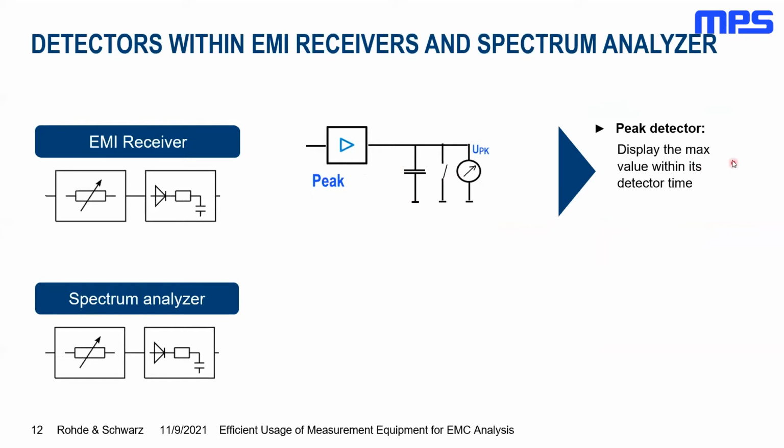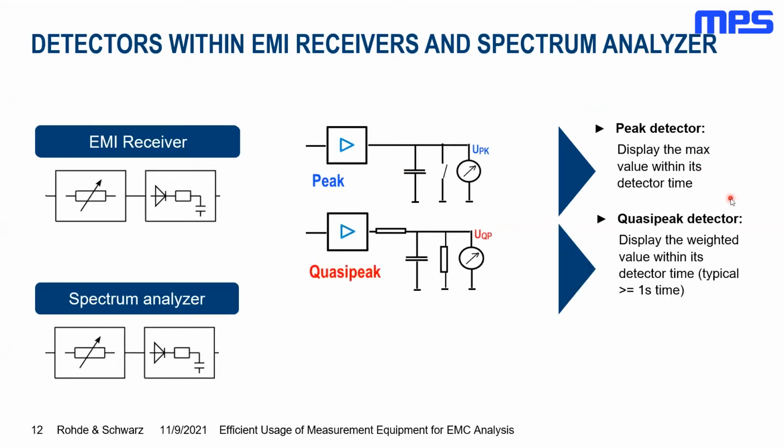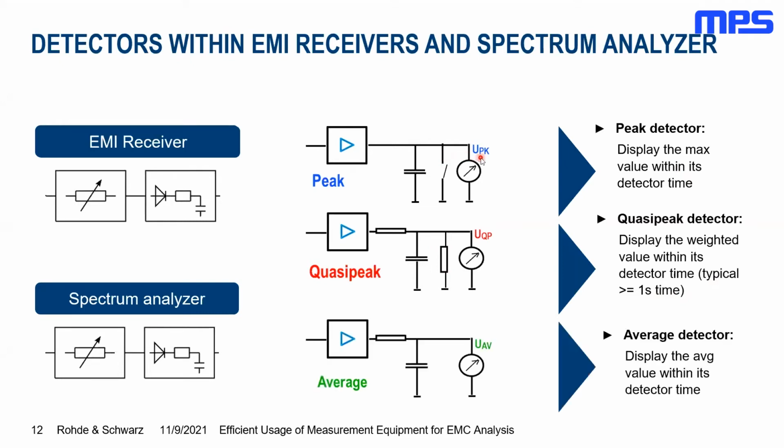And the peak detector always displays the max peak there, which is then held. The quasi-peak has a time. So we have here this RC, and the detector time typically in the range of larger than 1 second to see how often a signal is present or not. And then last but not least, the traditional average detector. And these are the 3 most prominent detectors.